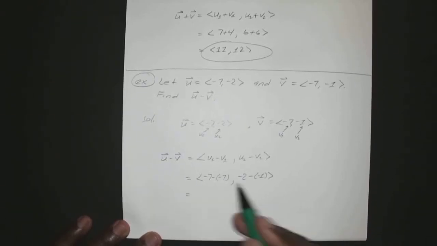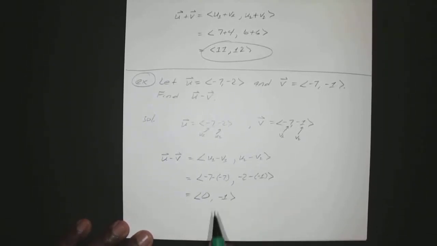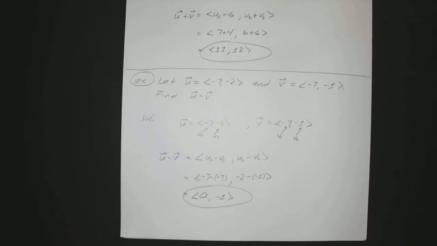So you have -7 plus 7, which is 0, and -2 plus 1, which is -1. All right, so any questions on that one?